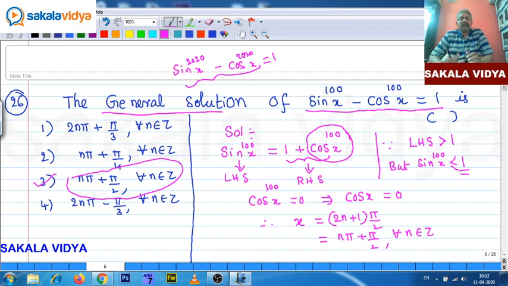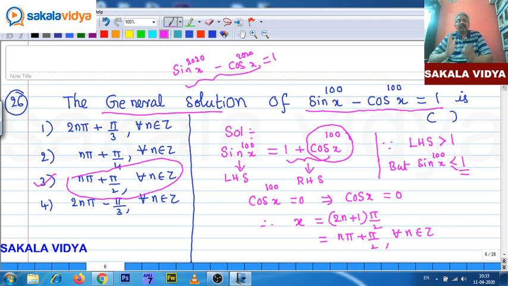Sin x to the power of 100 becomes 1 plus cos x to the power of 100. Since 100 is an even number, cos x to the power of 100 is non-negative. So according to the question, the right hand side will be greater than 1. But as per the range of sin x, sin x to the power of 100 cannot exceed 1, it is always less than or equal to 1.